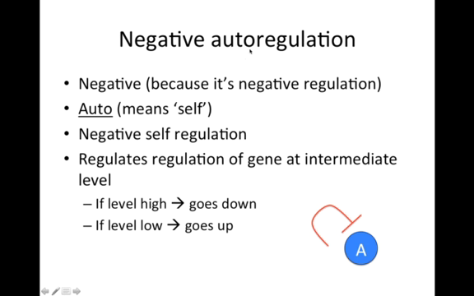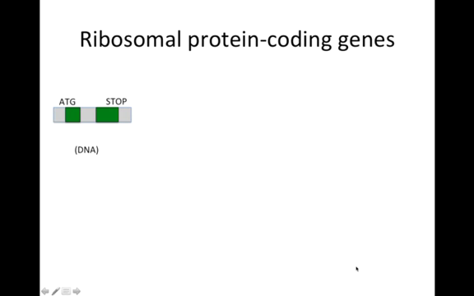Auto meaning self, so it's regulating itself, and it's negative meaning that it's a negative regulatory relationship. And we can draw this like this, right? So that A is negatively regulating itself. So this is a common means of regulation.